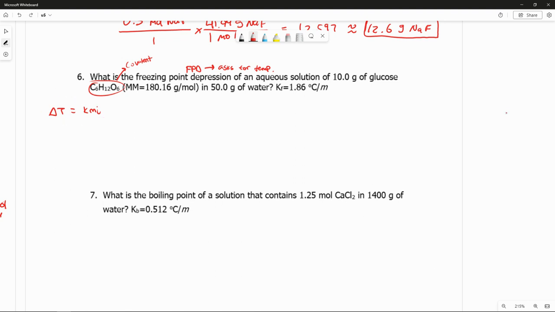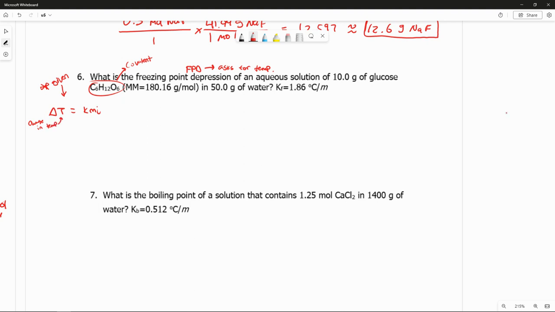So we have to use this equation, delta T equals KMI. This equation is actually given. You do not need to memorize it. I would just remember what these stand for, which I'll explain right now. This is the change in temperature.